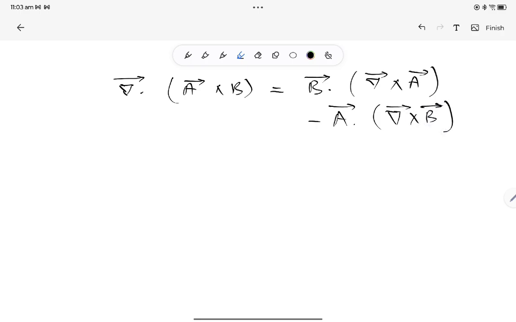This rule we are going to use in deriving Poynting theorem.